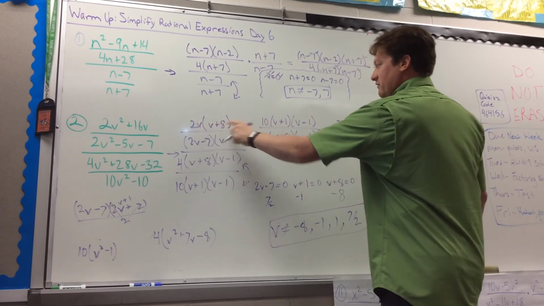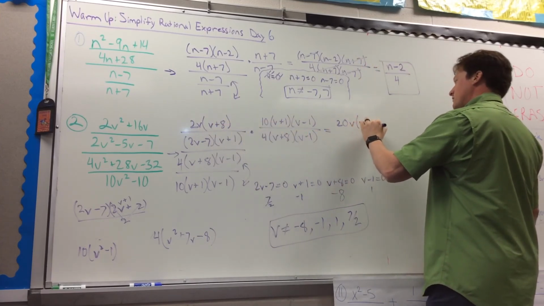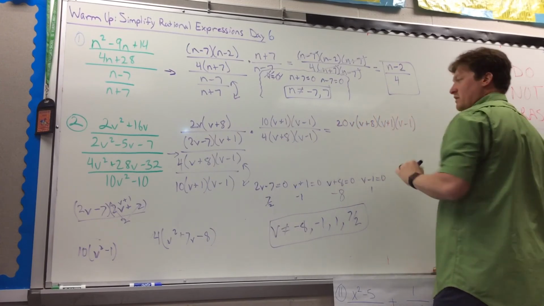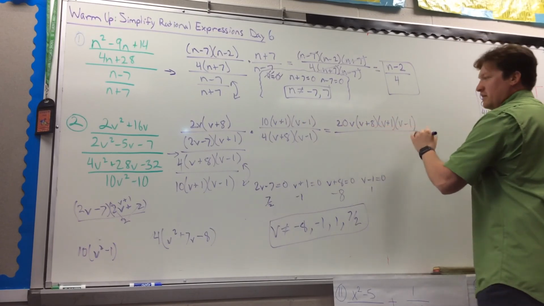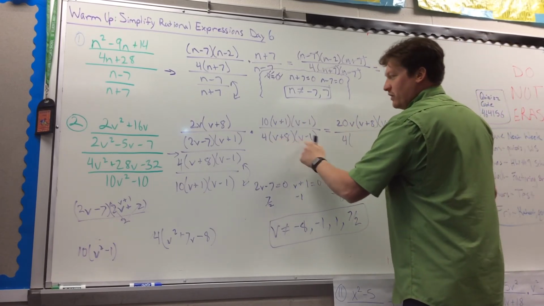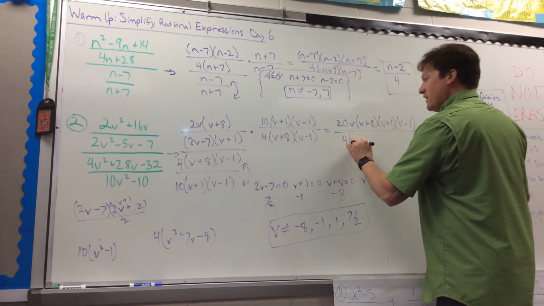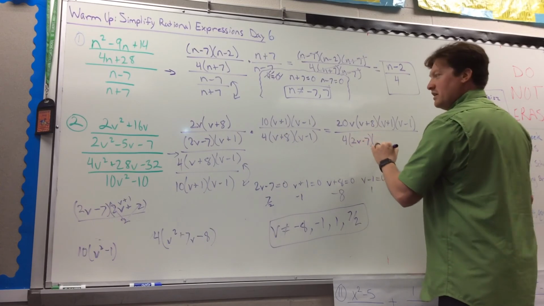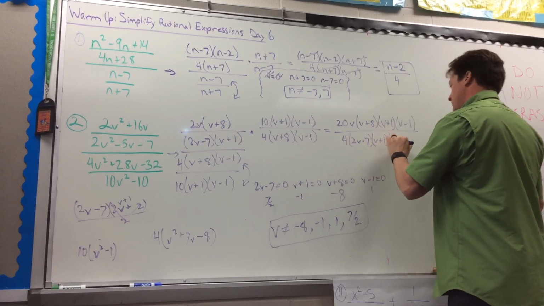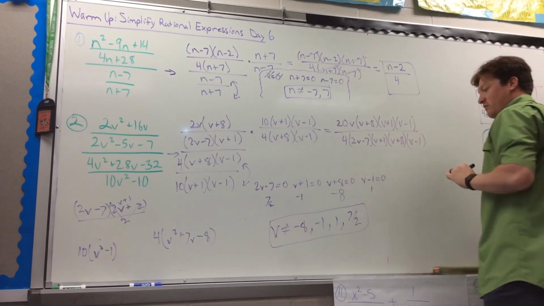And then I've got v plus 8, v plus 1, v minus 1. And then on the bottom, I've got 4, and then I've got 4 factors that I've got to write out. So starting over there, we've got 2v minus 7, v plus 1, v plus 8, and v minus 1. We have our restrictions.